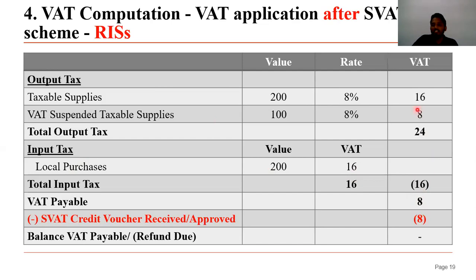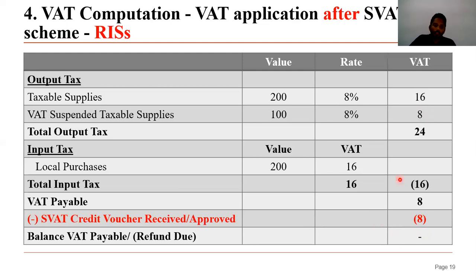Anyway, if you supply to a RIP, you will issue a credit voucher. Those credit vouchers entitle you to deduct this 8 million. Then there is no payable or refund in this scenario. This is how you record the suspended supply.